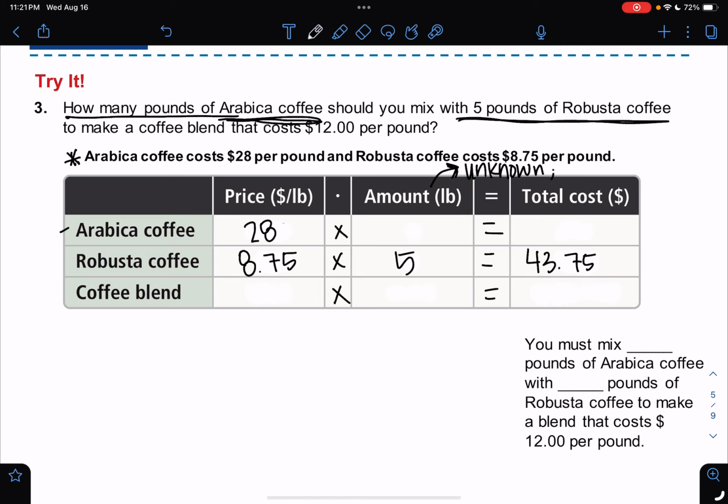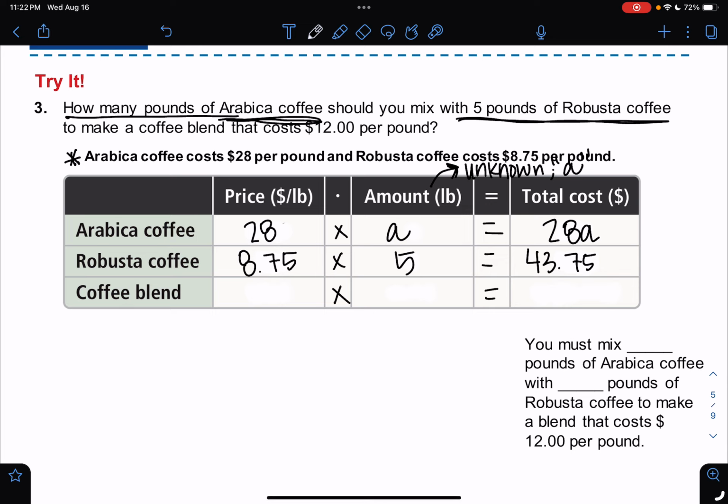We're going to call it A, for the pounds of Arabica coffee. Again, we're multiplying across, so we've got 28 times A, which gives us 28A.